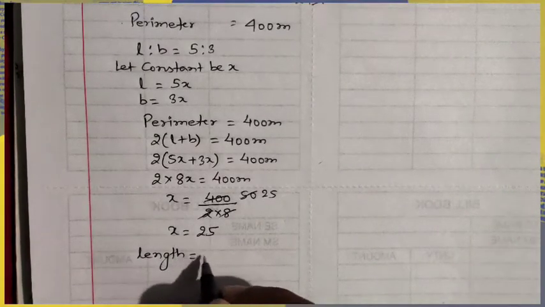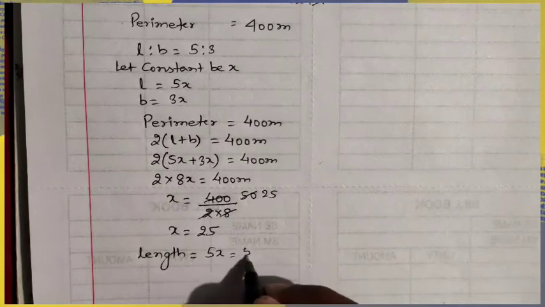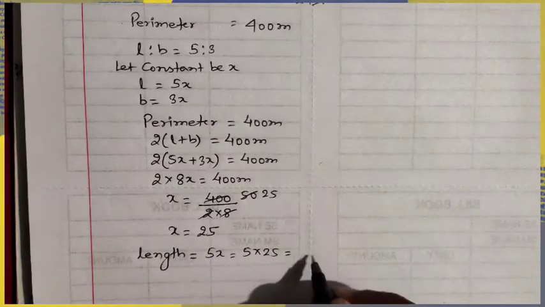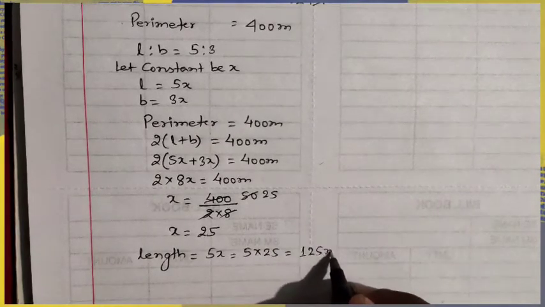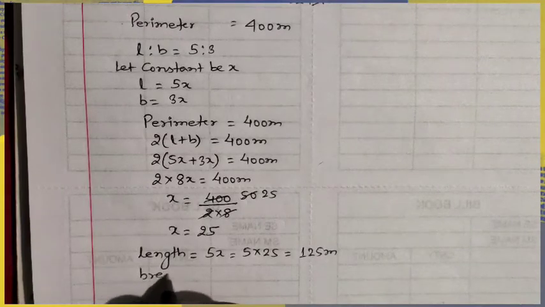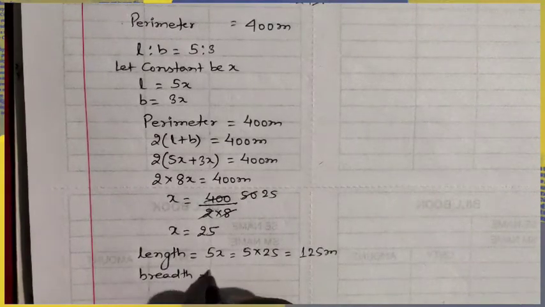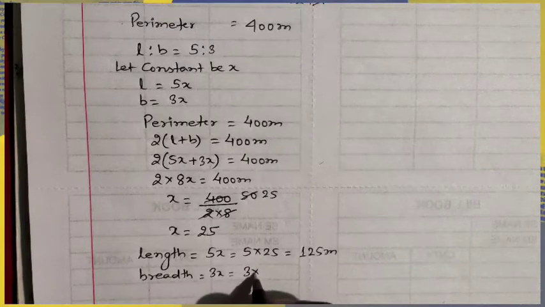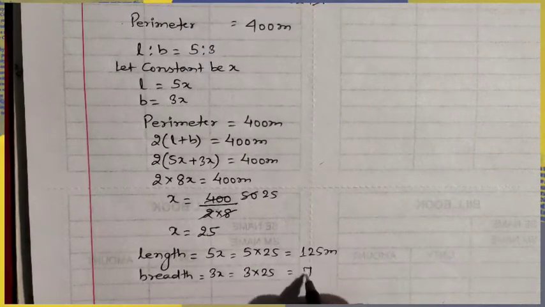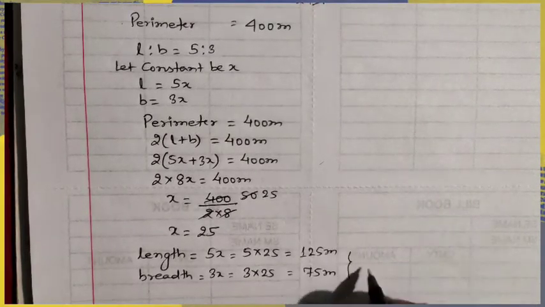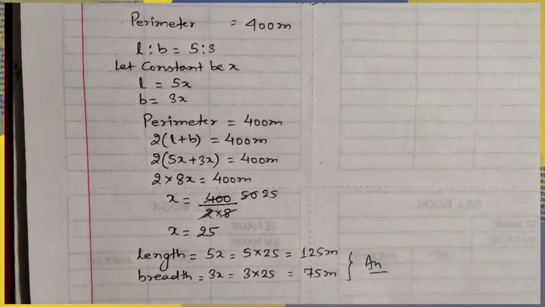As we know that length is equal to 5x, that is 5 into 25, it is 125 meter, and the value of breadth is equal to 3x, that is 3 into 25, that is equal to 75 meter. These two will be our answer, as the question has asked to find length and breadth, and we have calculated length and breadth as 125 meter and 75 meter. Hope that this question is also clear to you all.